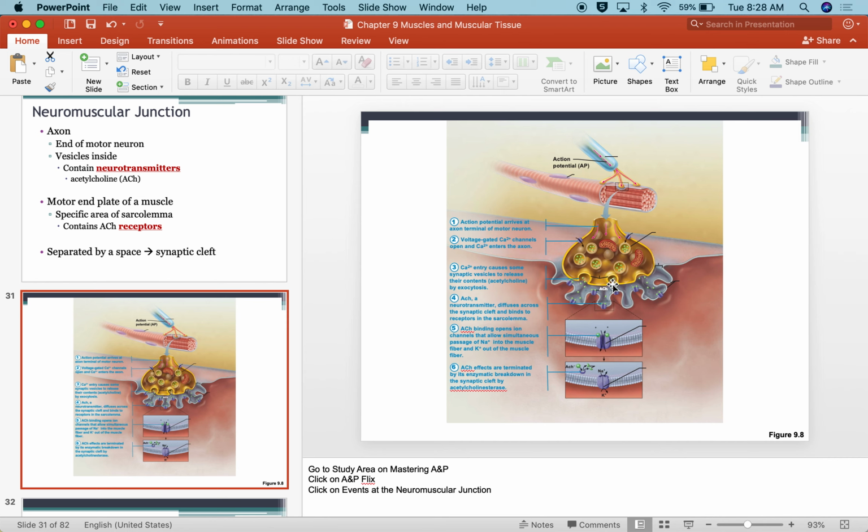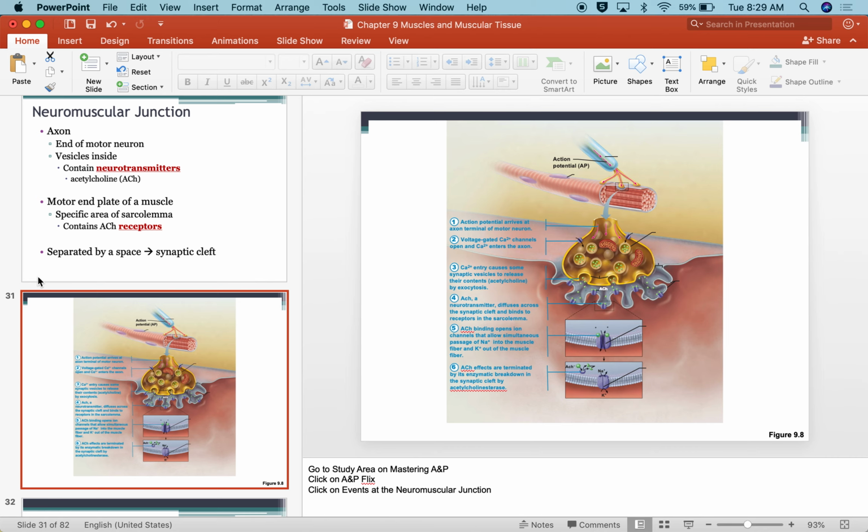They're going through exocytosis, traveling through the synaptic cleft and finding a receptor on the motor end plate. So this is how we go from an electrical reaction down the nerve to a chemical reaction in the synaptic cleft, back to an electrical reaction, which will start that electrical impulse down the muscle.